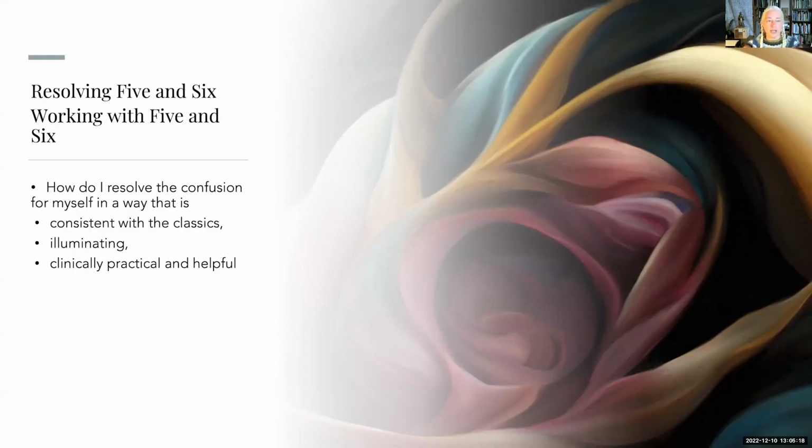So when we are trying to resolve 5 and 6 and learning how to work with 5 and 6 in a way that is functional in the clinic, I want the way I'm resolving it to be consistent with the classics. So we want to explore the classics. And there are lots of ways to interpret many of the lines in the classics.